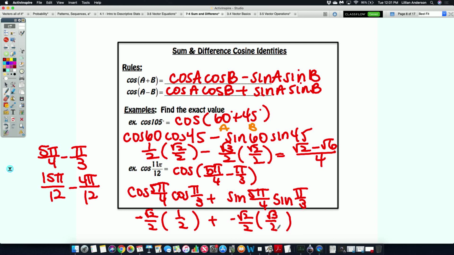So when you multiply these, a negative times a positive gives me a negative root 2. Over here, I'm going to be adding a negative number, which is just subtraction. And all of that is over 4. So it changes just slightly, but it does make a difference.